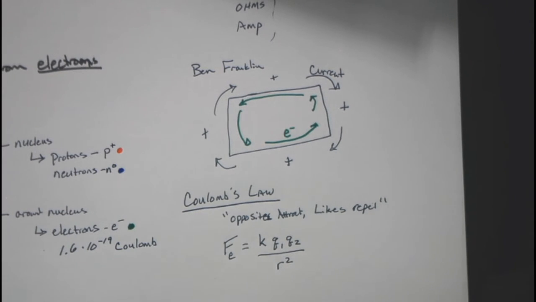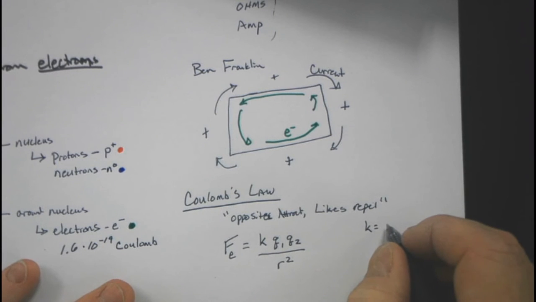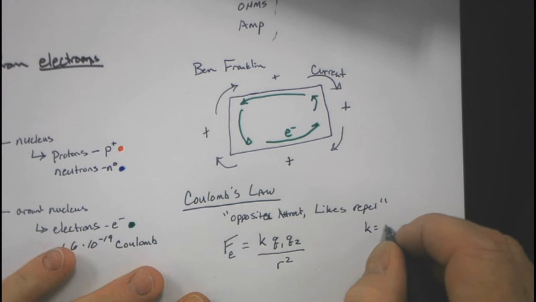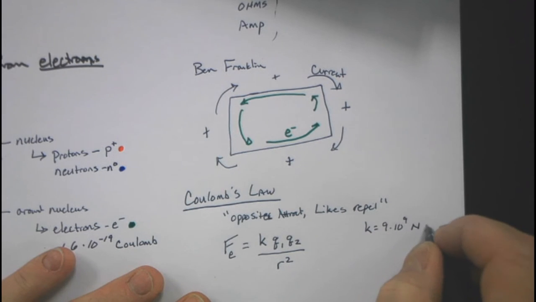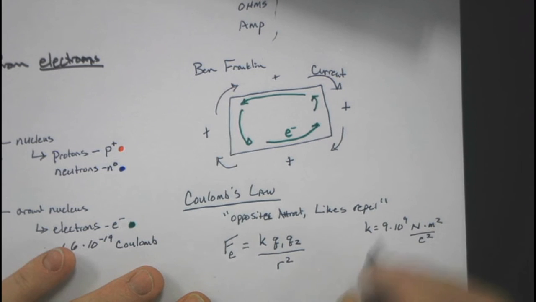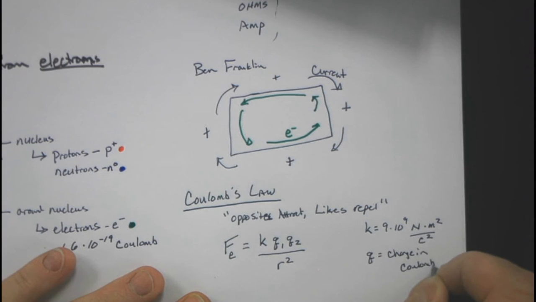Yeah, Q is charge. Okay, so K equals 9 times 10 to the 9th Newton meter squared per Coulomb squared. Q is charge, charge in coulombs.